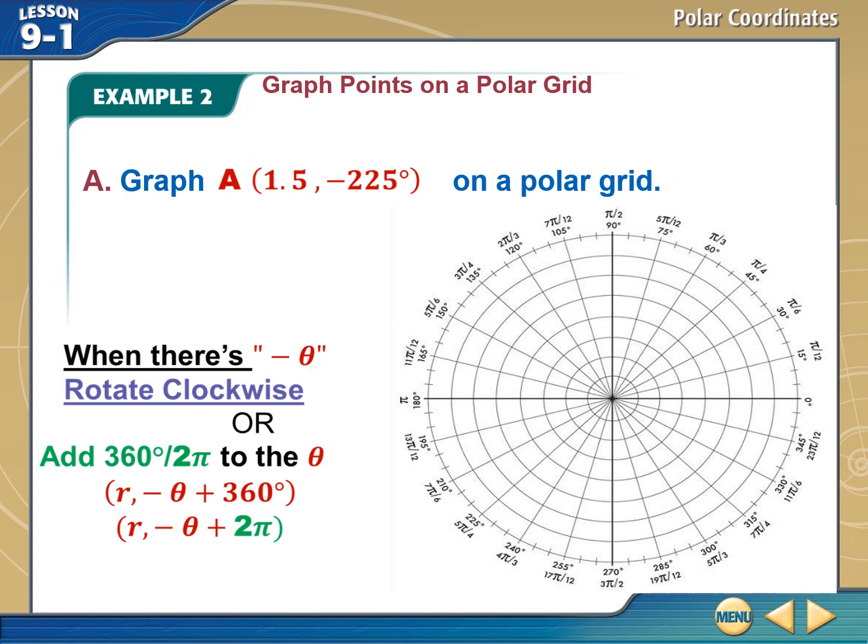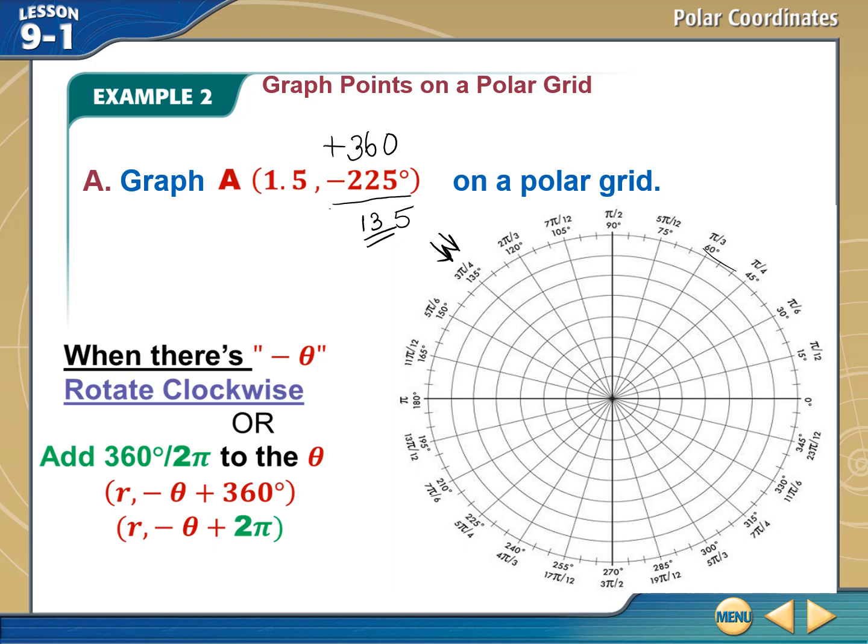Okay, next question. If you are confused by doing this, if theta is negative, we have to add 360 degrees. So 360 minus 225 is 135 degrees. So where is 135 degrees? It is here.